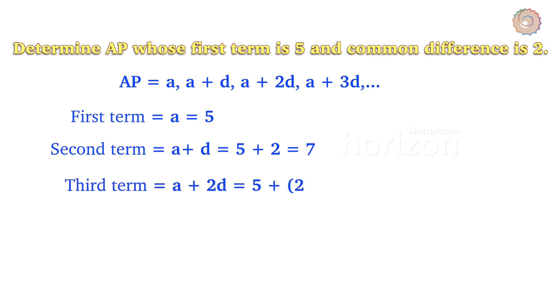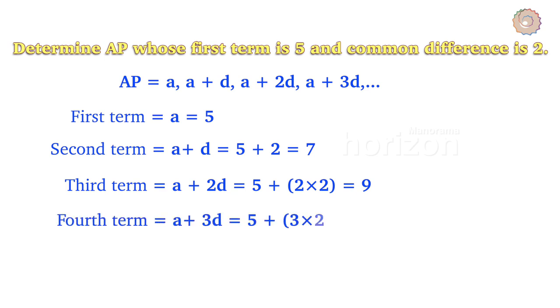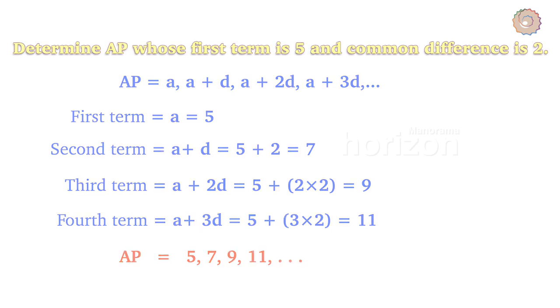Third term A plus 2D, which is equal to 5 plus 2 into 2, which is equal to 9. Fourth term, what do you get? A plus 3D. Substituting the value, we get 5 plus 3 into 2, which is 11. So, what is the AP we get? Which is 5, 7, 9, 11 and so on.